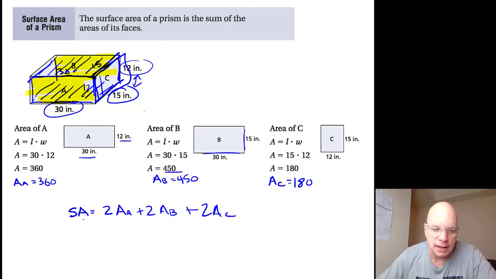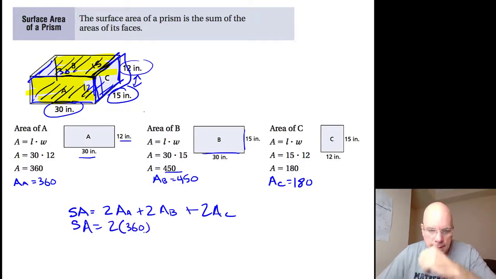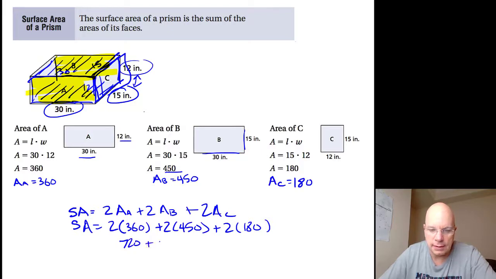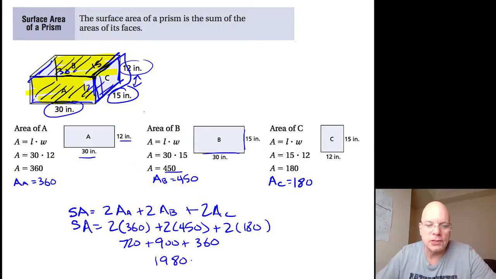When you substitute into that formula, for this rectangular prism, you get 2 times 360 plus 2 times 450 plus 2 times 180. So that's 720 and 900 and 360. That's 1980. When you go to put the units, it might be tempting to put inches cubed because we're dealing with something that's three-dimensional.